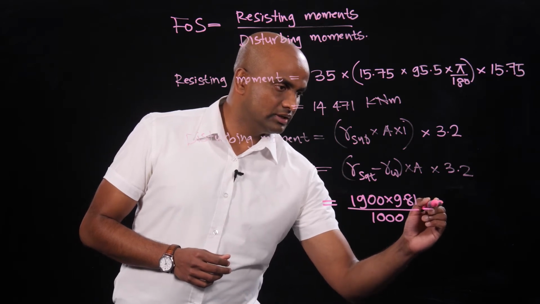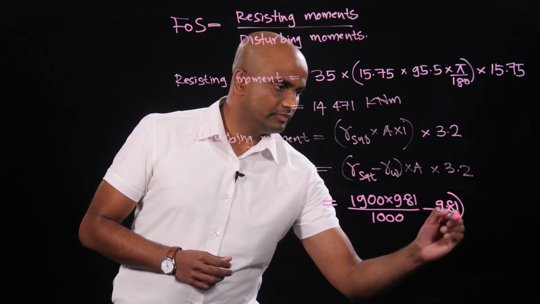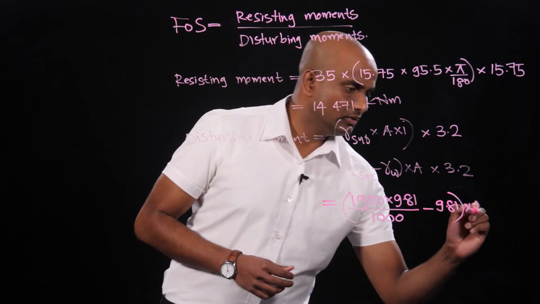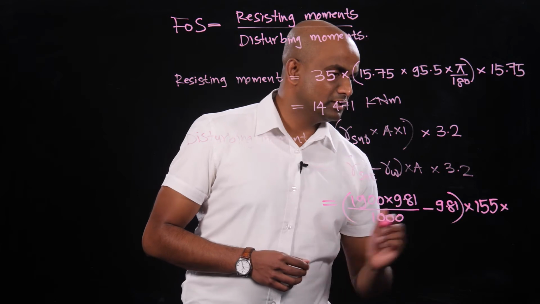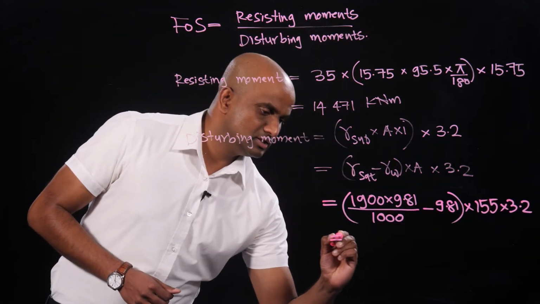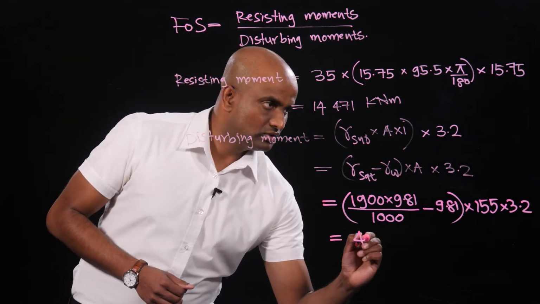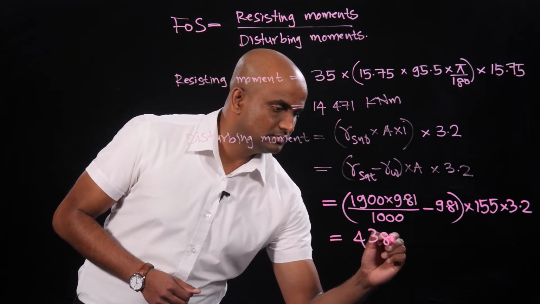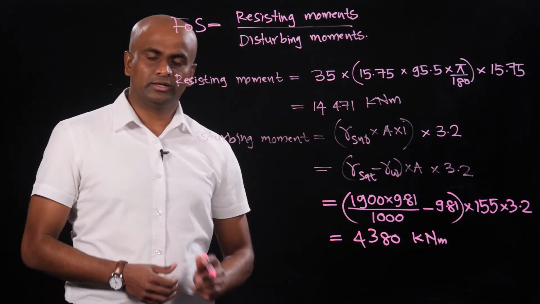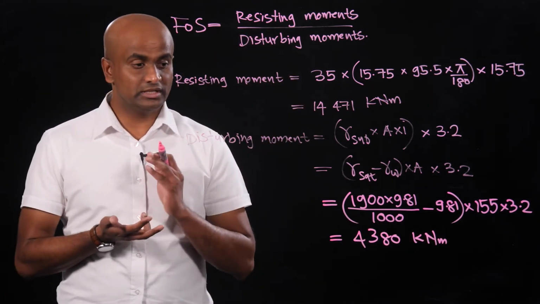The unit weight of water is 9.81, the area is given as 155 square meters, and the distance is 3.2. That gives a disturbing moment of 4380 kilonewton meter.